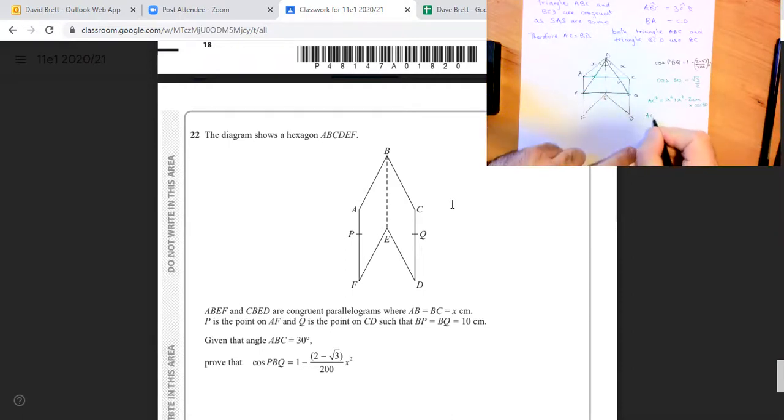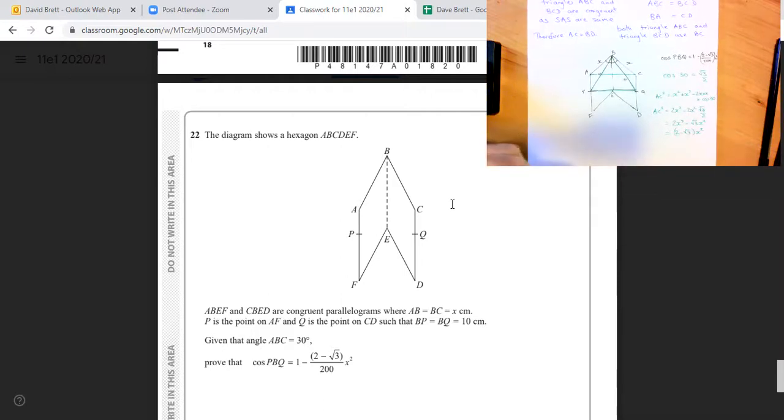So AC squared will equal 2x squared minus 2x squared times root 3 over 2, which is 2x squared minus root 3 x squared, which is (2 minus root 3) x squared. So that's what the length AC is. Now I know that PQ is the same length.